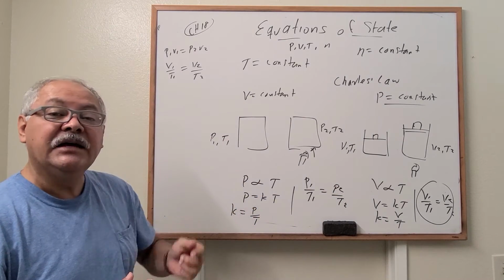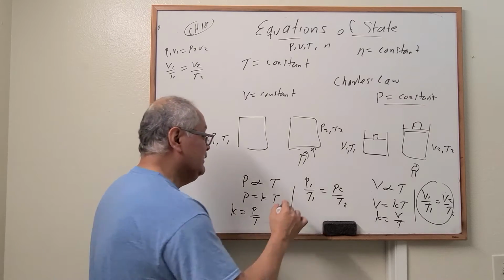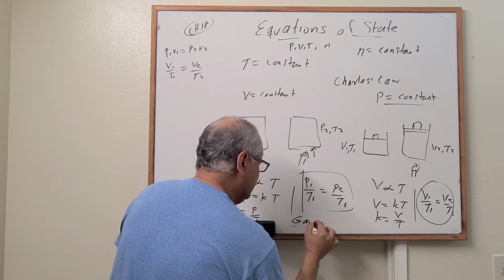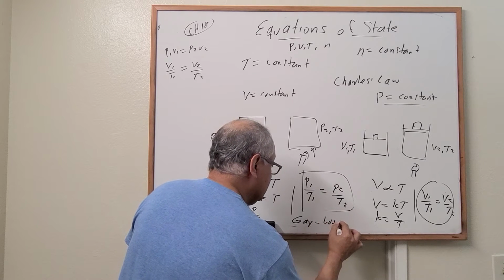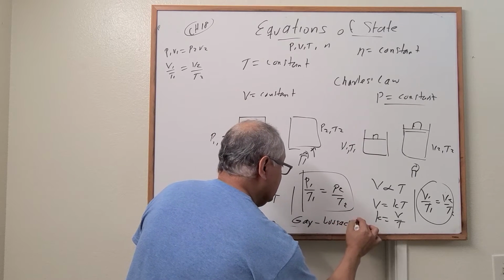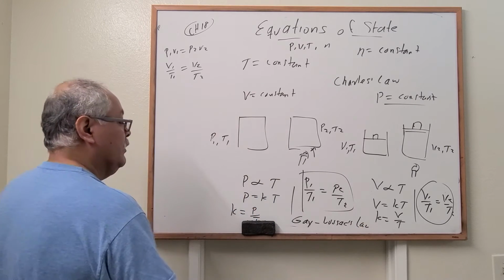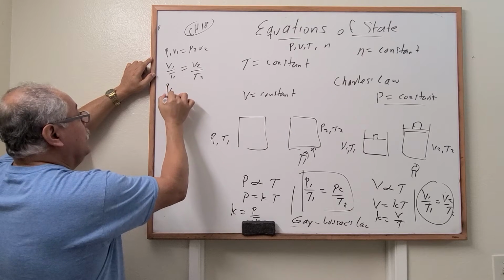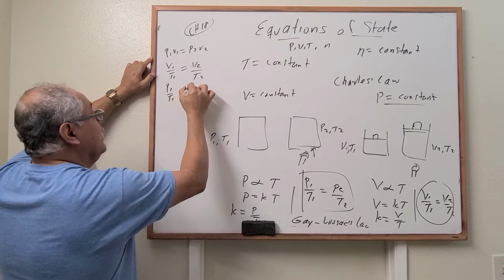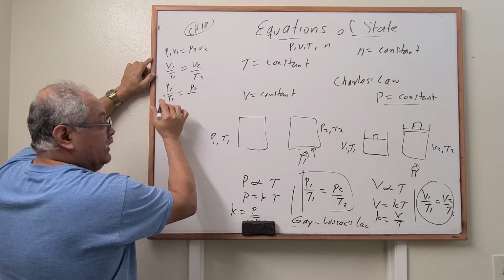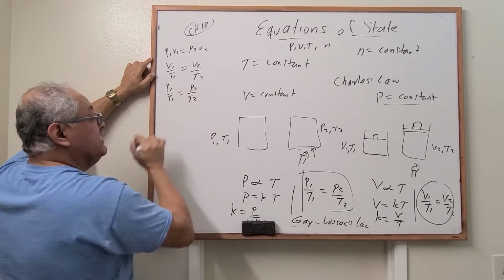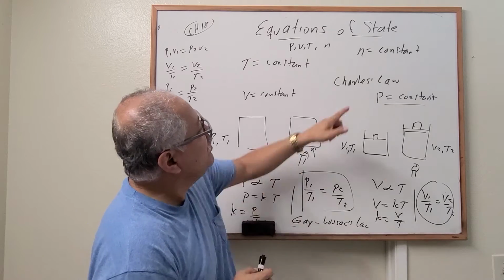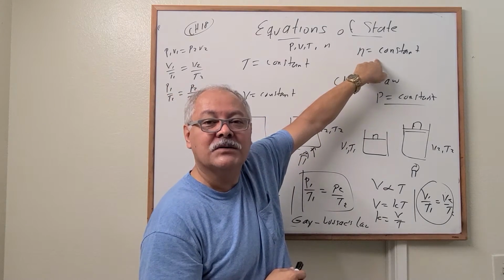This is called Gay-Lussac's law. Perfect. So we have another law right here. P1 over T1 is equal to P2 over T2.